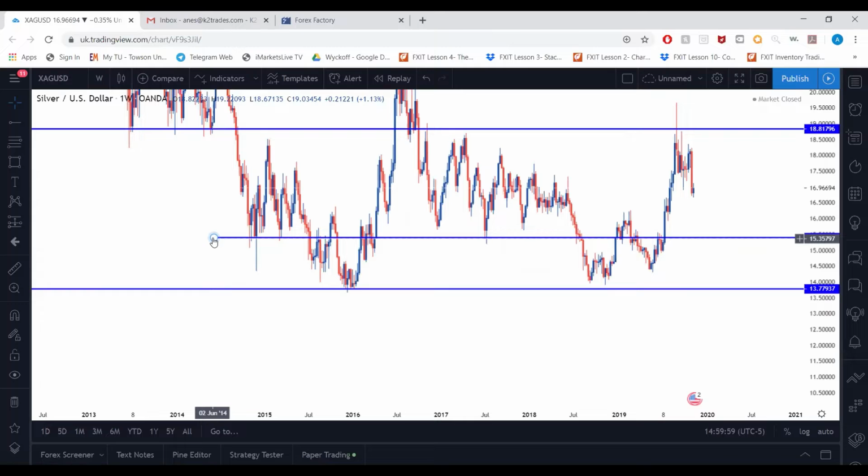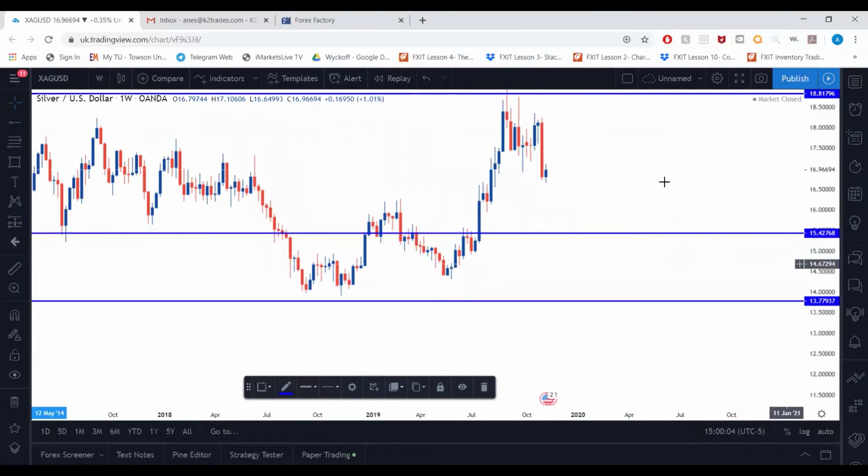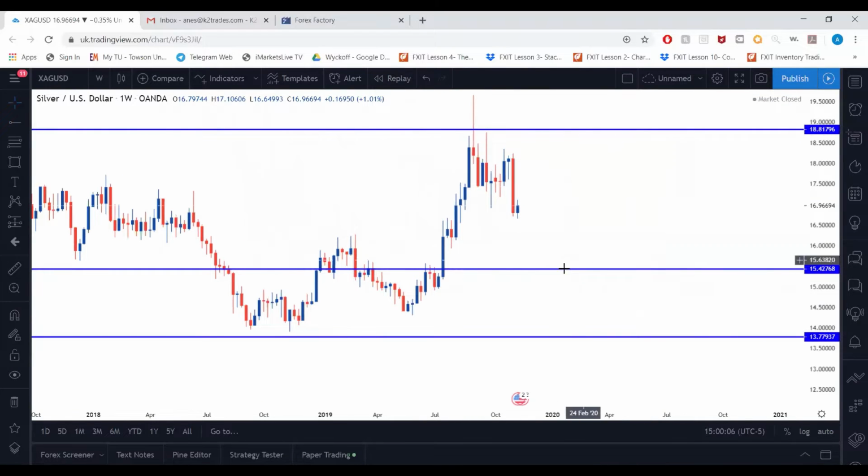So we can still sell, but I think it's still in the middle, so it's kind of risky for now. Yeah, it is in the middle of the weekly zone.